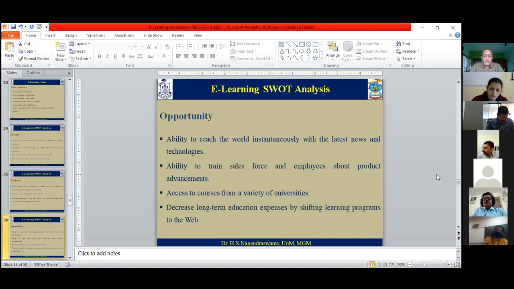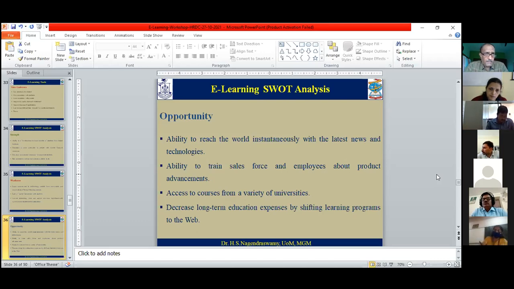And decrease long-term education expenses by shifting learning programs to the web. For example, now you see, if a student wants to complete an engineering degree with the current setup and fee structure, for a complete engineering program like SJ College of Engineering or any college of engineering, definitely the cost of such a program will be not less than 10 lakhs for 4 years.